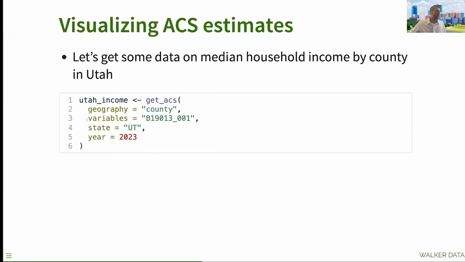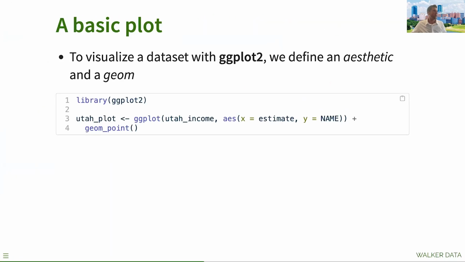So jumping back here to the slides, let's go ahead and talk through this. So ggplot2 is, I believe, the most downloaded R package. Just pulling this up in another tab. Tidycensus has done well since its inception. I mean, it's been downloaded nearly 600,000 times. That makes me feel pretty good that it's been downloaded that many times.